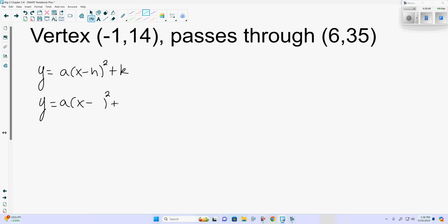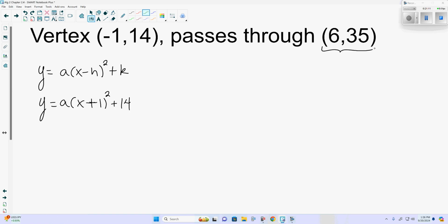So our h value is negative 1 and k is 14. But that negative 1, we can just rewrite it as plus 1. If the h value is negative, we can just say minus that value instead of plus a negative.